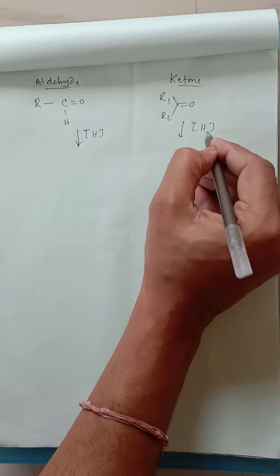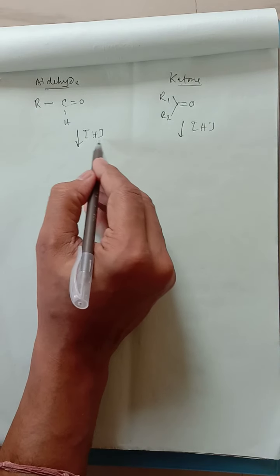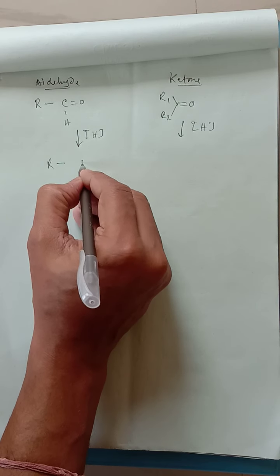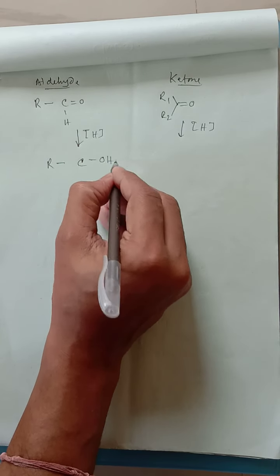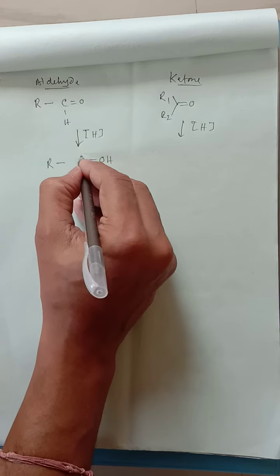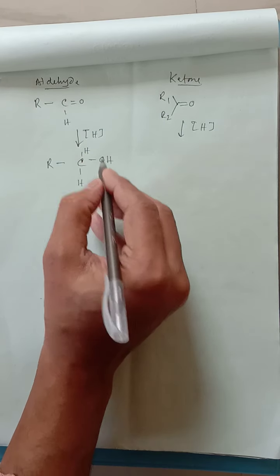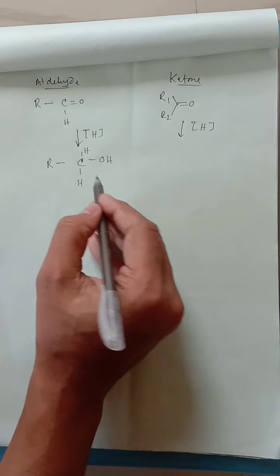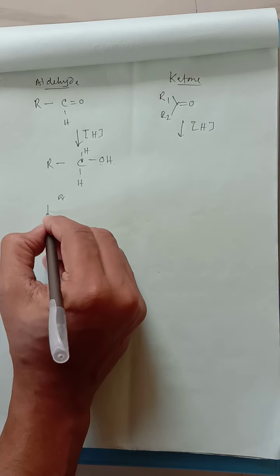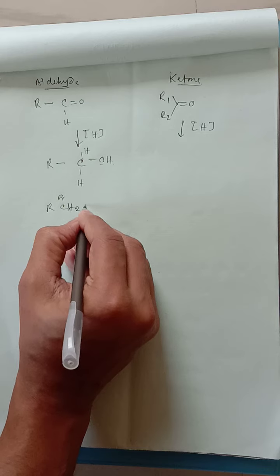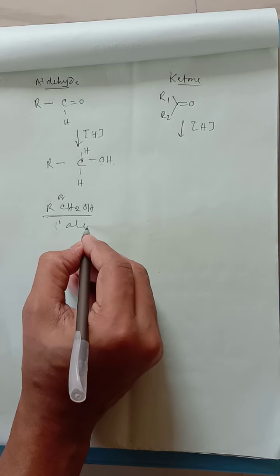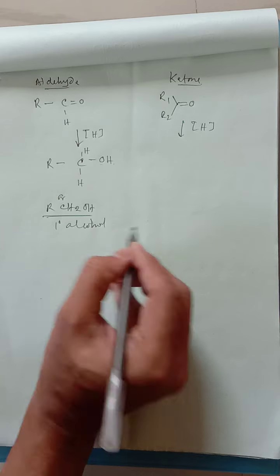So finally the product will have OH obviously, and 2H will be there. That means the double bond O is converted into one OH and another H. So it is RCH2OH. Obviously it is very clear. It is a 1 degree alcohol.